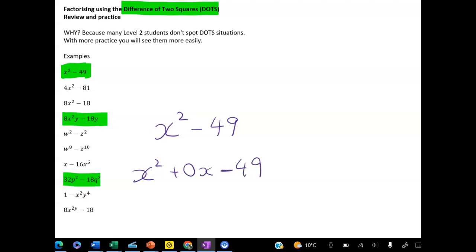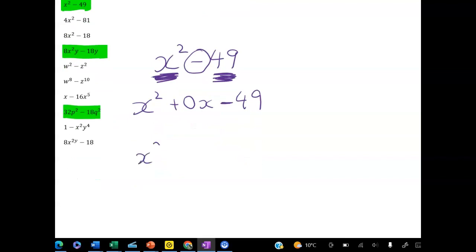And that makes me go on and have a look to see if this first term here is a perfect square and if this one is a perfect square, and if we've got a difference between the two of them. And if that's the case, then what I can say is that instead of x squared minus 49, we can write that as x plus 7 times x minus 7.